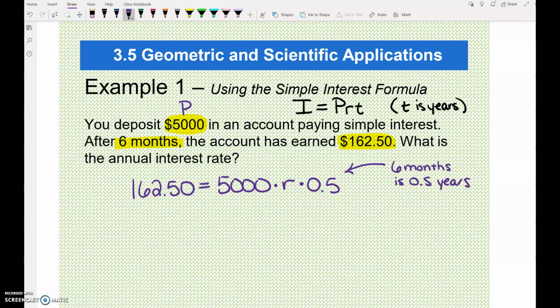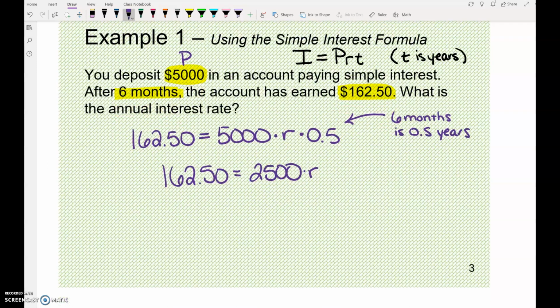Okay, so on the right side, we can multiply the 5,000 and the 0.5 to each other. So we have 162.50 equals 2,500 times R. And then to finish solving this, we would divide both sides by 2,500.